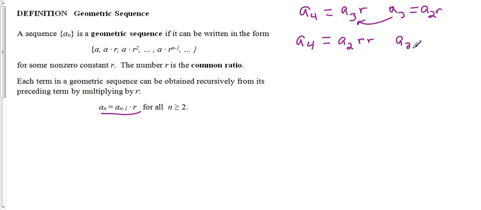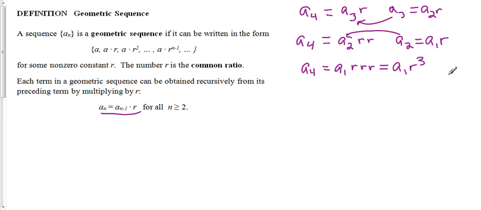Again, from the recursive definition, it's the term before it, which is a_1 times r. I can substitute in for a_2. So now I've got a_4 equal to a_1 times r times r times r. If we clean that up a little bit, we've got a_1 times r cubed.